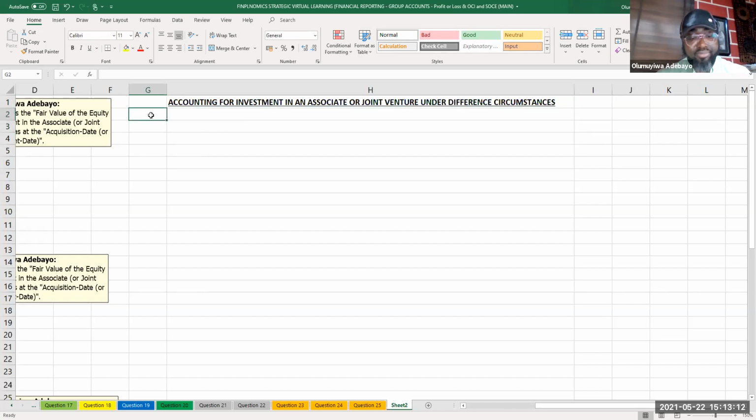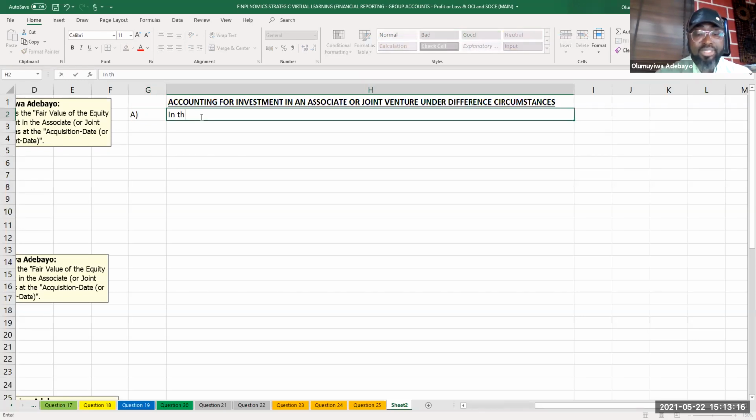A, in the separate financial statements of an investor.